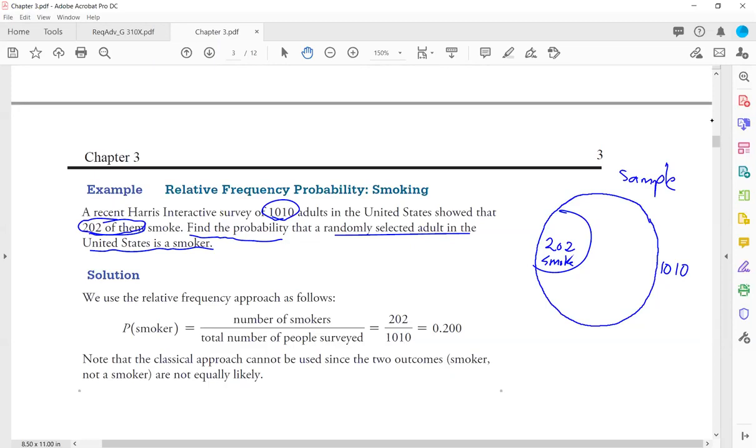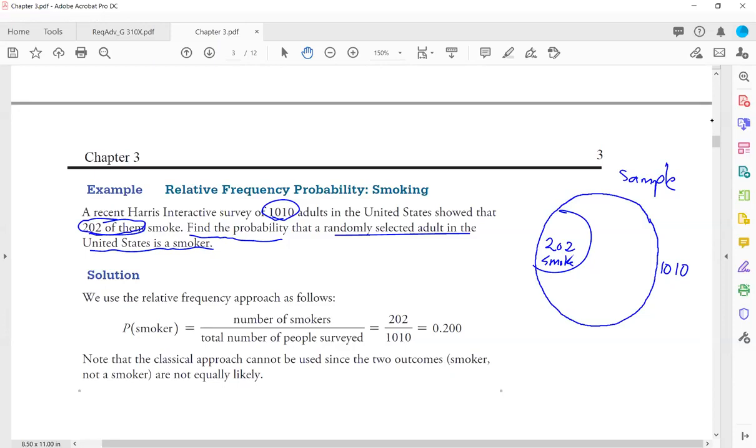So how many smokers do you have in total? 202. It goes on the numerator. What's the sample size? 1,010. You do the division and you have 20% or 0.20.